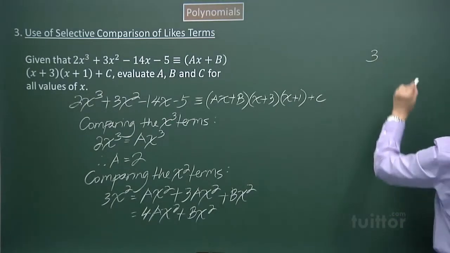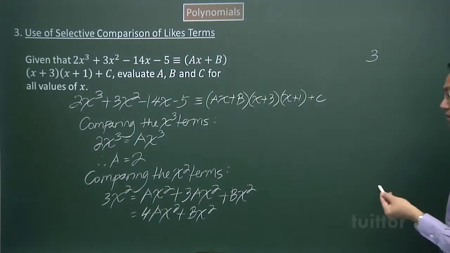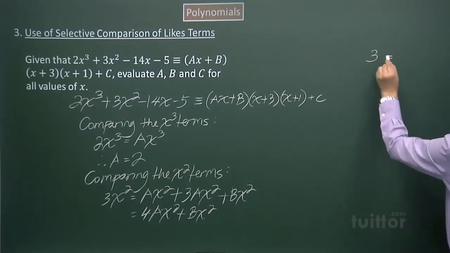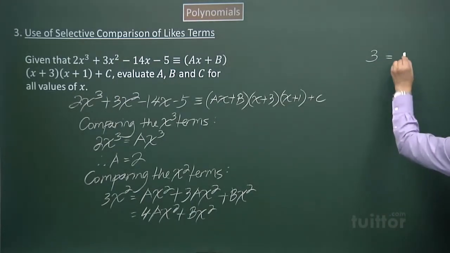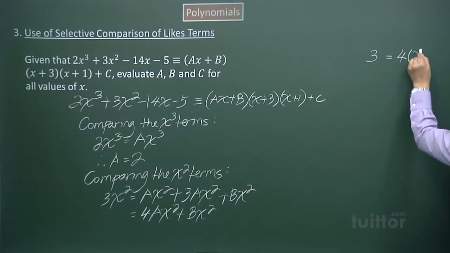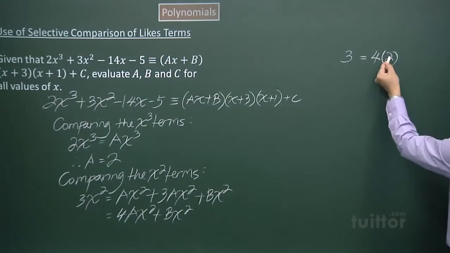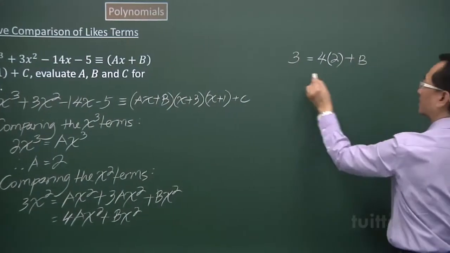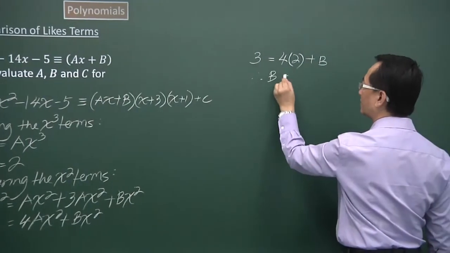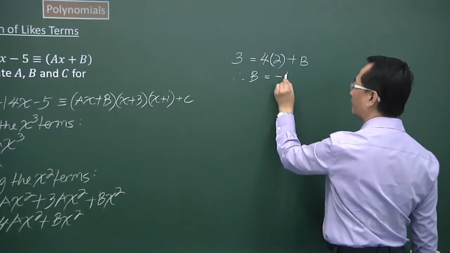So removing the x squared, on the right side I will have 4a plus b. Basically it's just 4 times 2, and 2 is the value of a, plus b. Therefore b is equal to -5.